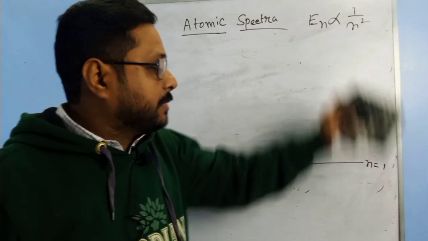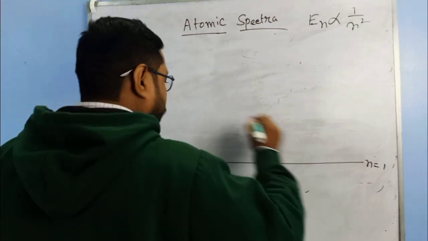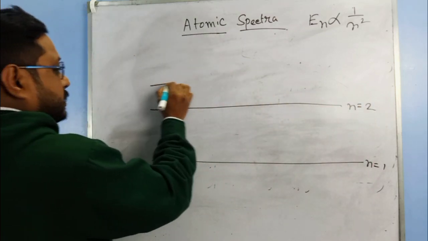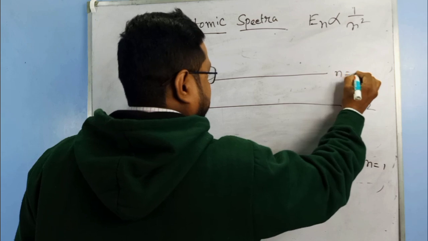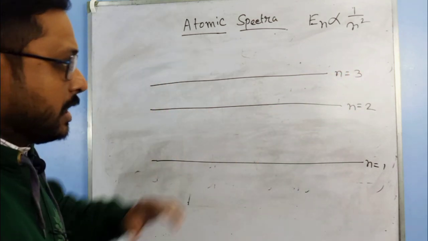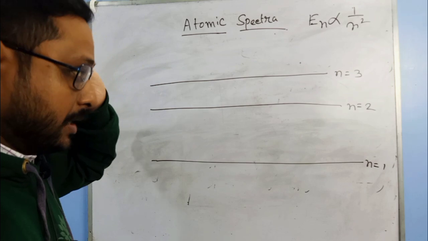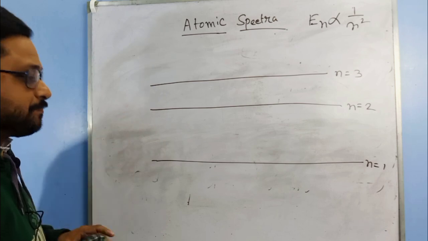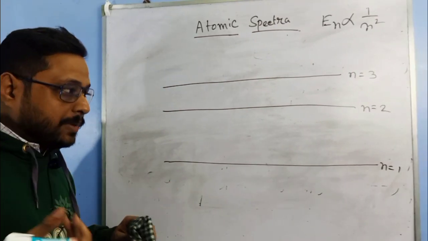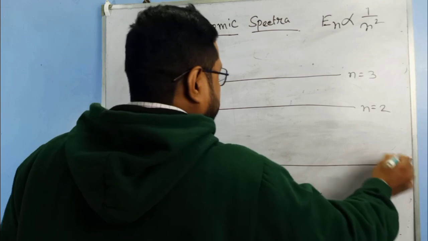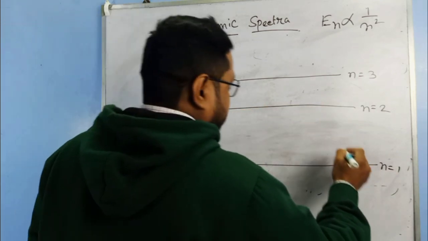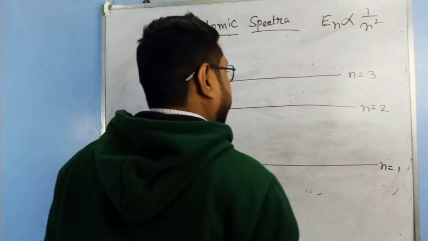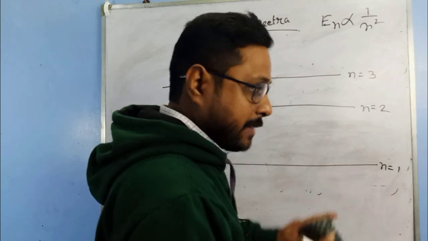As n increases, the value of E_n decreases. Between n equal to 1 and n equal to 2 the gap is large, but the higher up you go, this gap decreases. The value of energy increases, but the energy level gap decreases. Did you understand this? Put it in your head that if we increase n, the value of principal quantum number is increased, then the energy level gap is decreased, but the value of total energy increases. Okay, increase n, total energy increases, gap decreases.